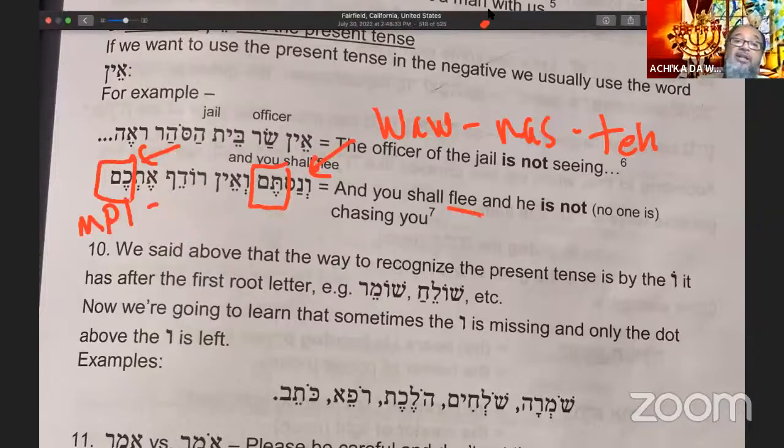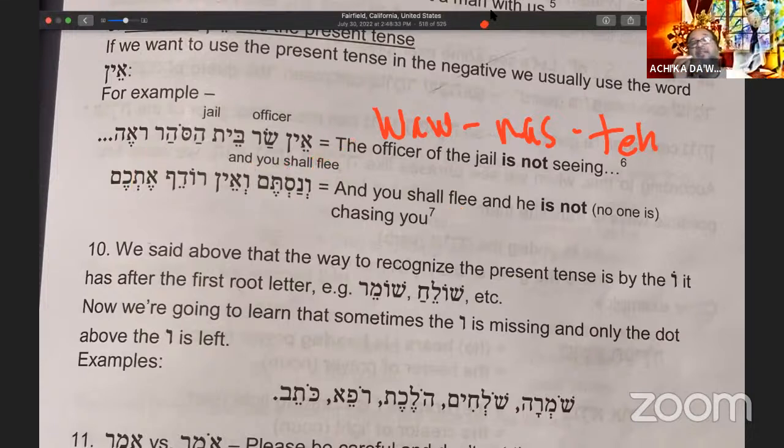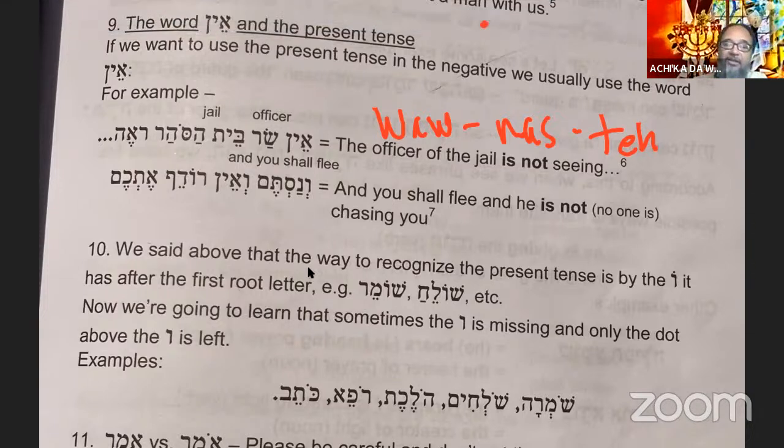The more you read and the more you study, the more you're going to get it. So we said above that the way to recognize the present tense is by this letter here, which is another function. Okay. And this is in the beginning of your lesson.